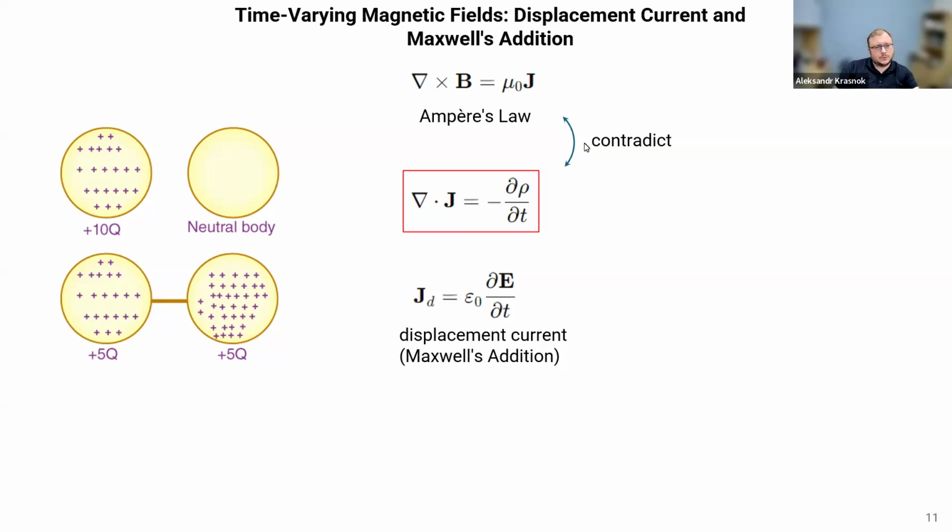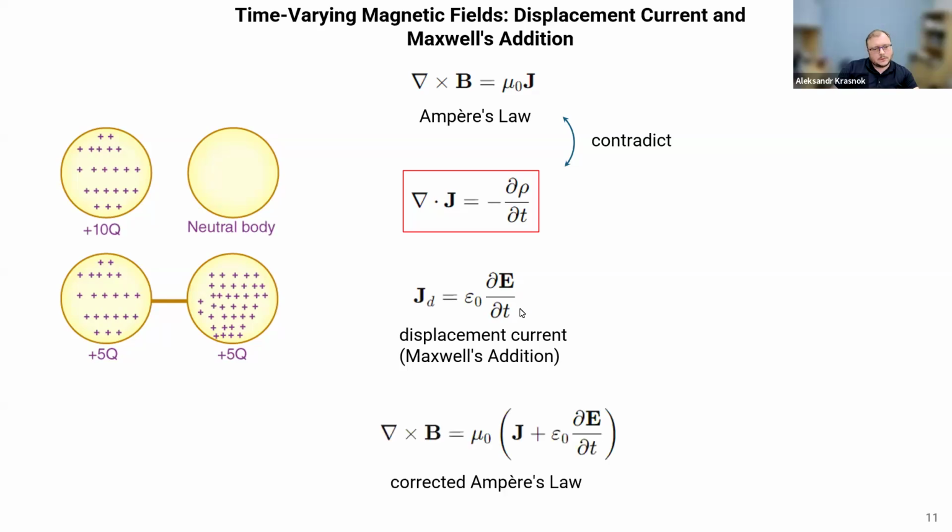In order to fix this Ampere's law and to make it consistent with the charge conservation law, Maxwell introduced this term, which is called displacement current.